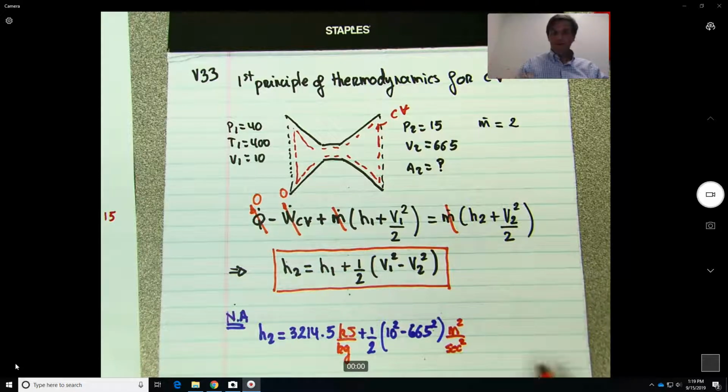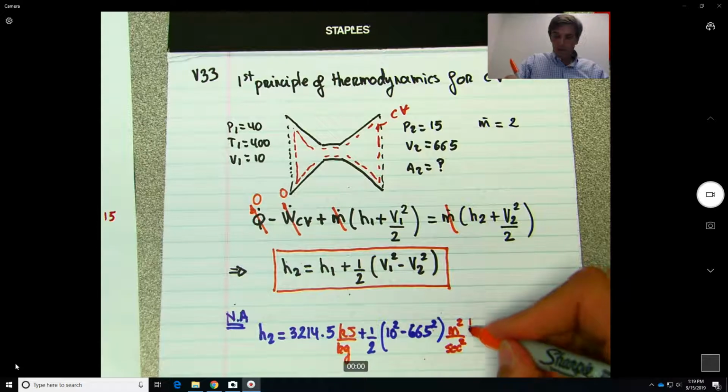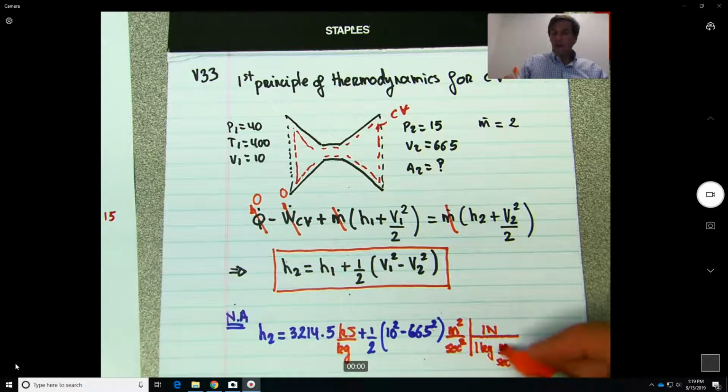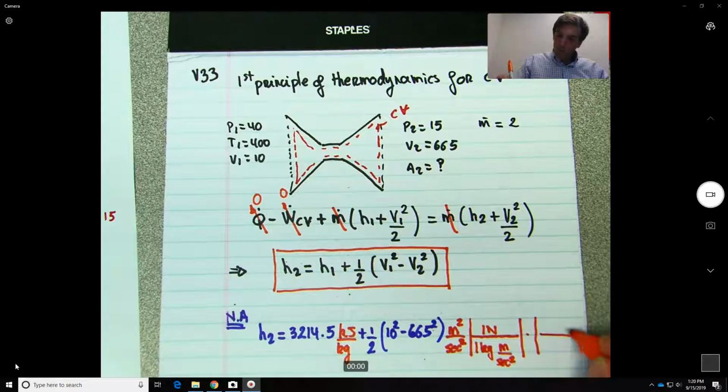Okay, so be careful here with the units, because we know that 1 Newton is 1 kilogram meter per second squared. So this is F equal ma, 1 Newton equal mass times acceleration. But now 1 kilojoule is equal to 1000 Newton meter.